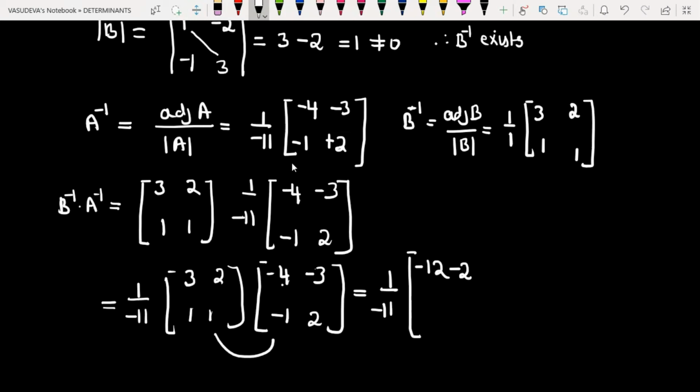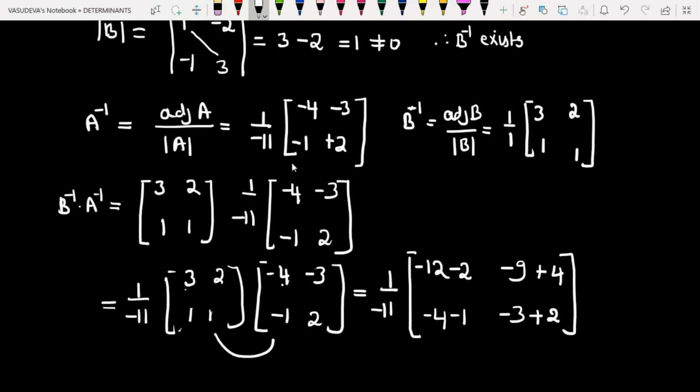First row and the second column: 3 into minus 3 is minus 9 and 2 into 2 is 4. And 1 into minus 4 is minus 4 plus 1 into minus 1 is minus 1. 1 into minus 3 is minus 3 plus 1 into 2 is 2. This is the second row and the second column.